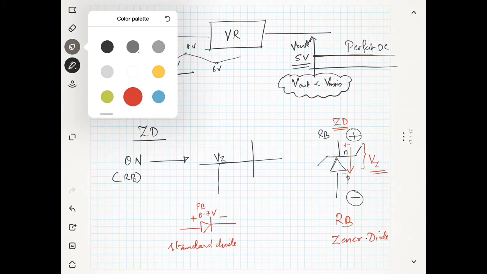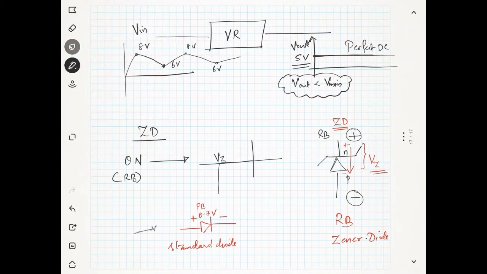If you are connecting a power supply, you will always use a resistor. In a Zener diode circuit also you will use a resistor. Why are you using a resistor?